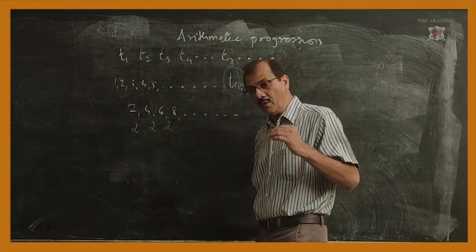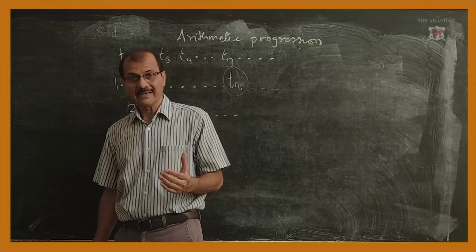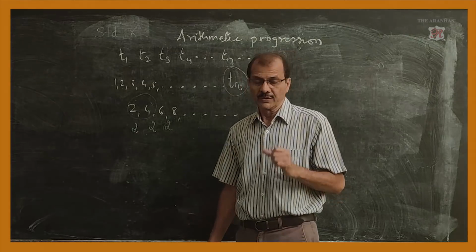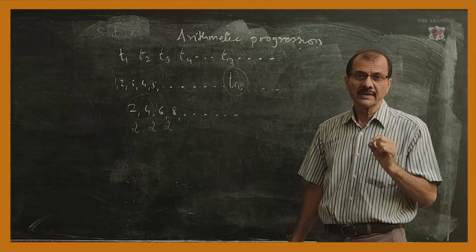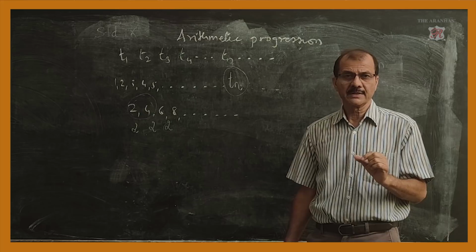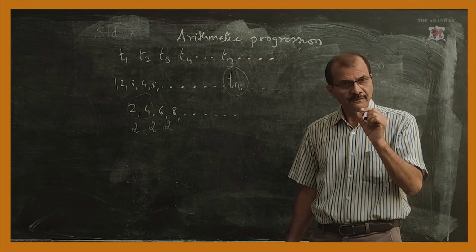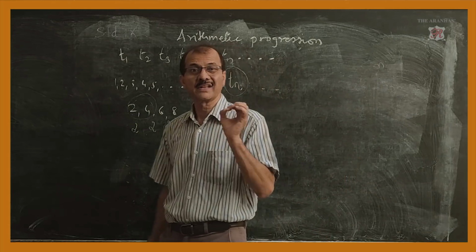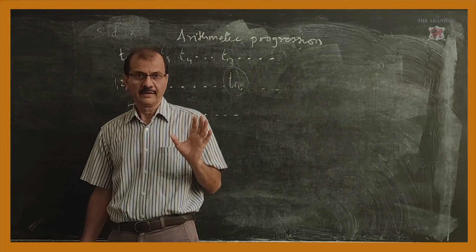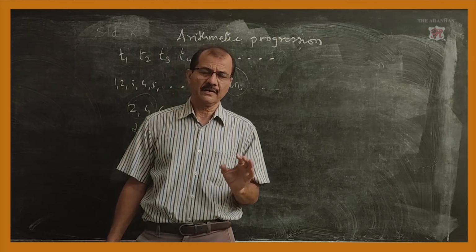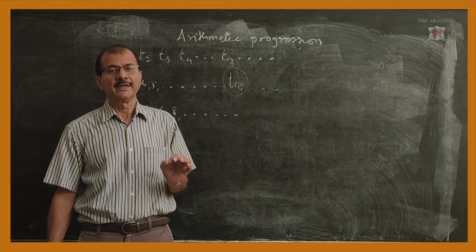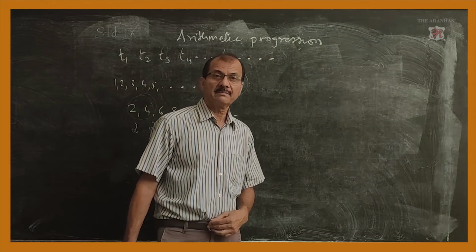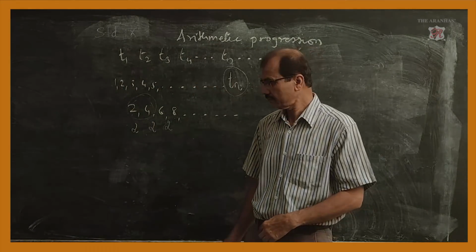So how are we going to check whether the given sequence is an arithmetic progression? You have to take any two consecutive terms, and if the difference is constant for any two consecutive terms, then you say that the given sequence is an arithmetic sequence.